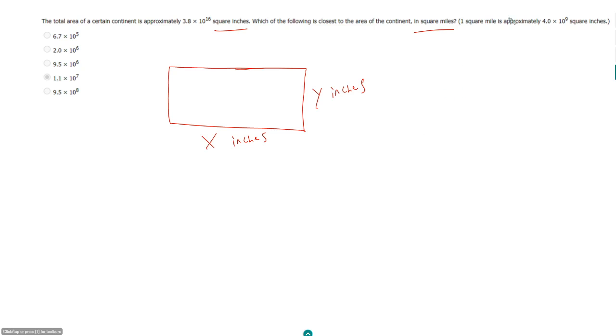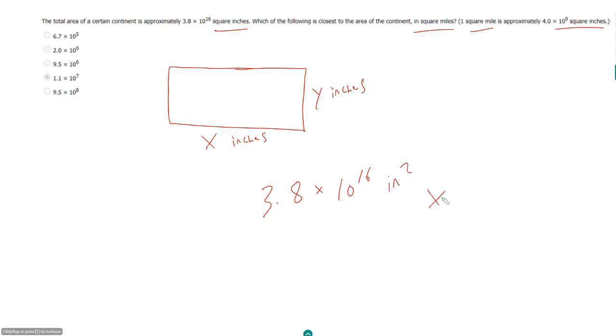Here, the conversion that they give you is the direct conversion from square miles to square inches. I feel like this is all part of the deception, because they're trying to get you to say, oh, that's great, because now that's even easier. I don't have to do any of this. I pretty much just have to plug this number into our conversion. So we got 3.8 times 10 to the 16th square inches.